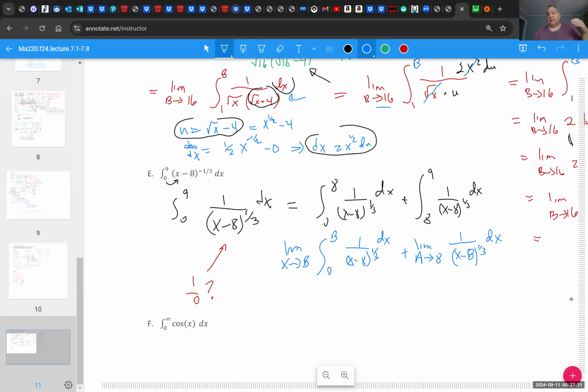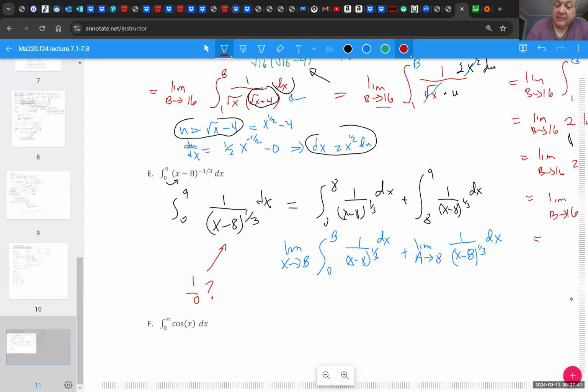Now I'm going to take you back to a little bit of calculus 1. If you remember in calculus 1, it depends whether we're taking a limit from the left, a limit from the right, or a limit from both sides. On this first part of the interval from 0 to 8, we're going from 0 up to 8. We're only approaching 8 from the left-hand side.